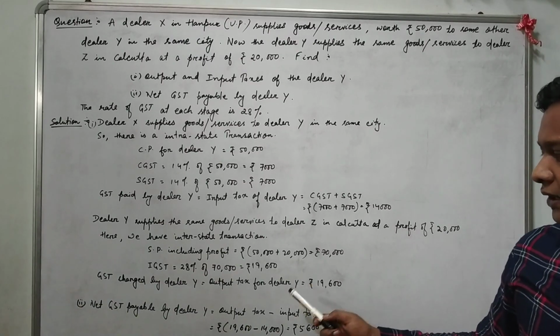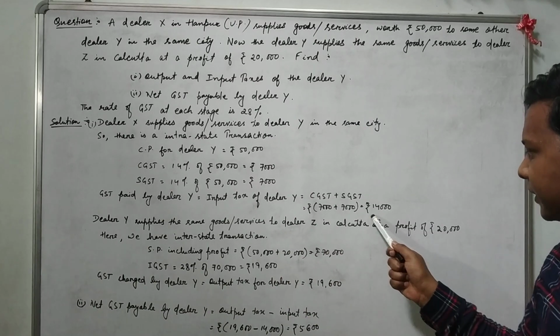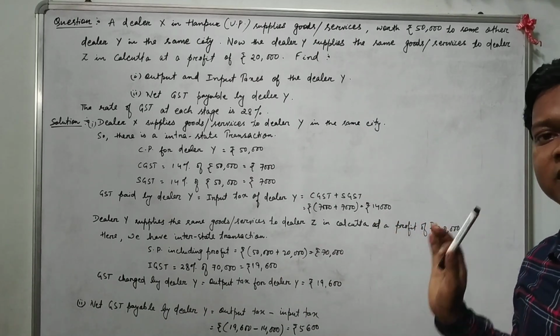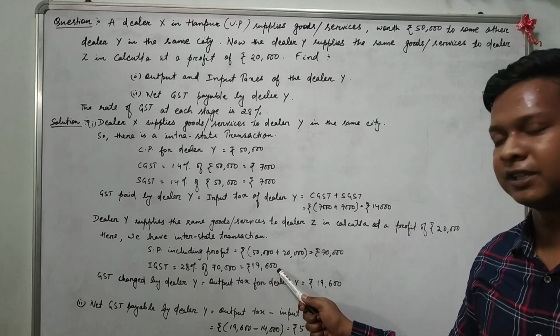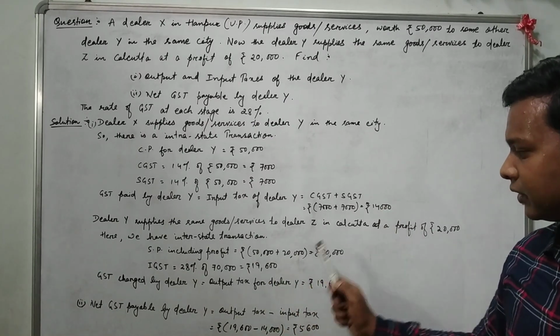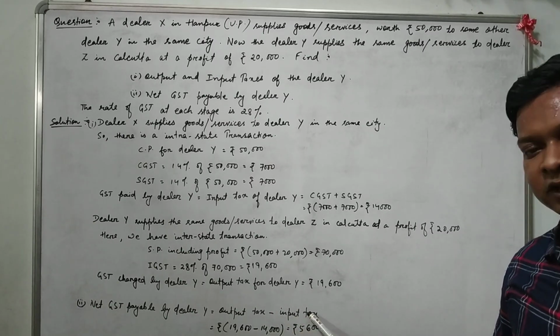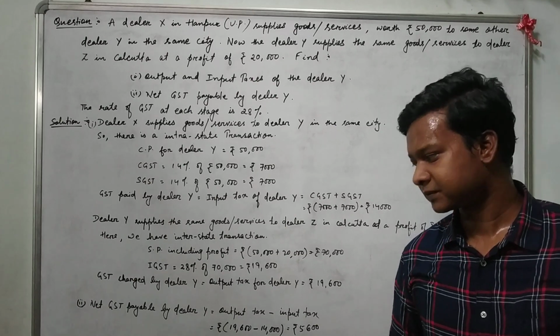So what happens, since dealer Y has already paid 14,000, he doesn't require to pay again 19,600. So whatever the remaining amount between the output tax and the input tax will be the net GST payable by dealer Y.